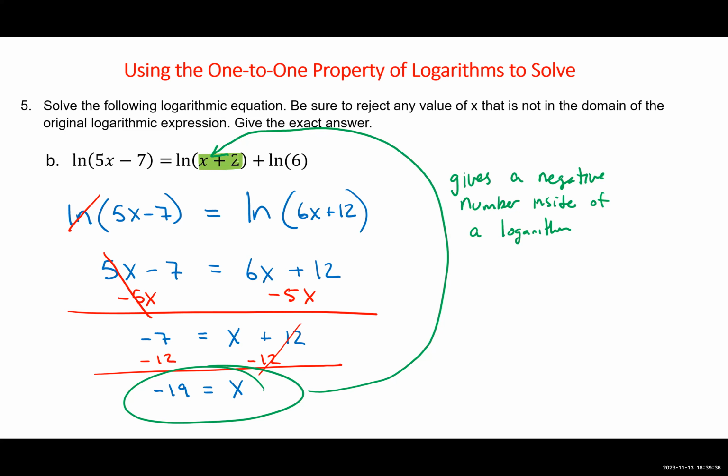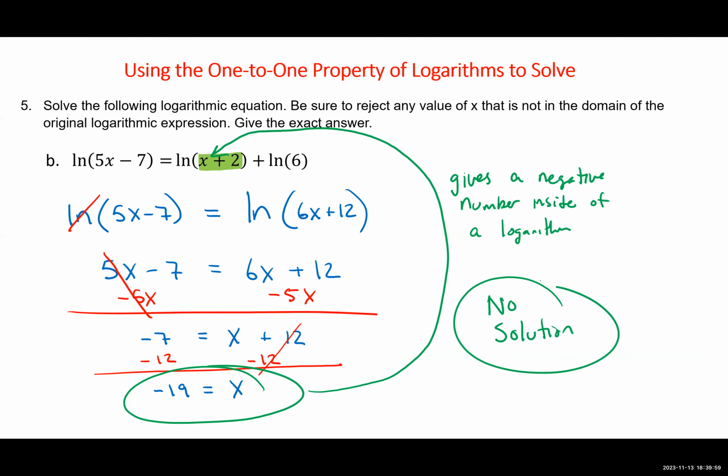X plus 2 will be negative 17. So what's the answer? Well, the answer to this equation is there is no answer. Right? There is no answer. This is no solution. Two words.